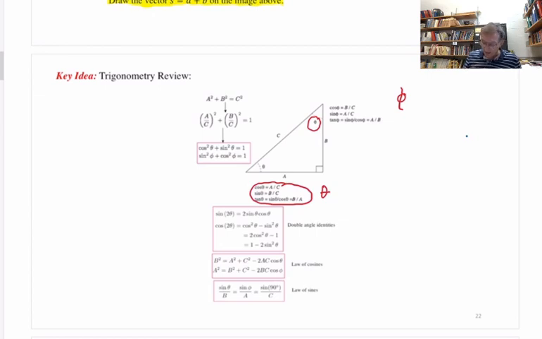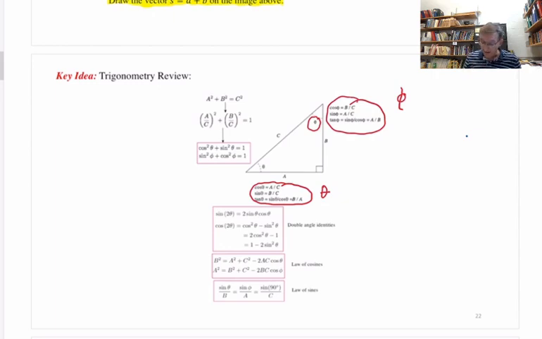But cosine, now look at the three trig functions, cosine, sine, tangent, but now for phi. Cosine is still length of adjacent over length of hypotenuse, that's its definition. But given phi, adjacent means B, and hypotenuse means C. So for the angle phi, cosine phi is B over C. Sine still means opposite over hypotenuse.